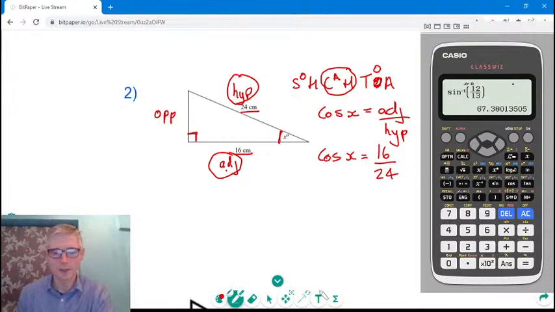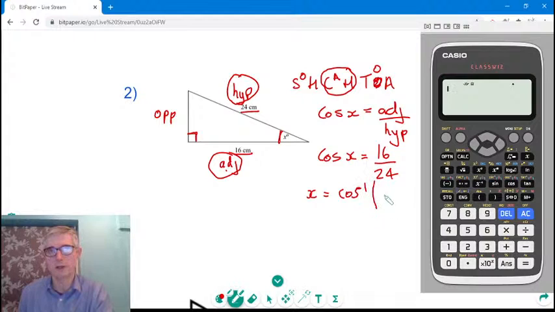There we go. And again, just getting the calculator up. So I'm just going to plug that in. If cos x is equal to 16 over 24, then it's x that we're interested in. So x is actually equal to the inverse cos, which is when you have cos to the minus 1, and that's 16 over 24.